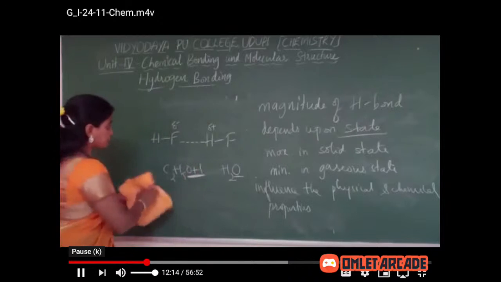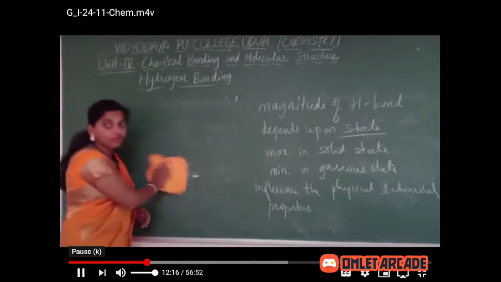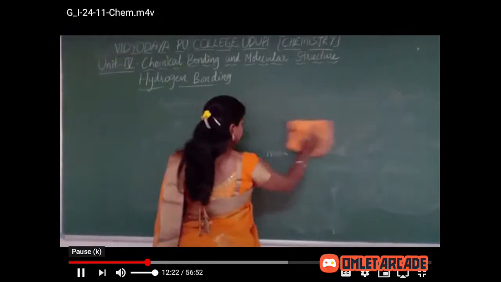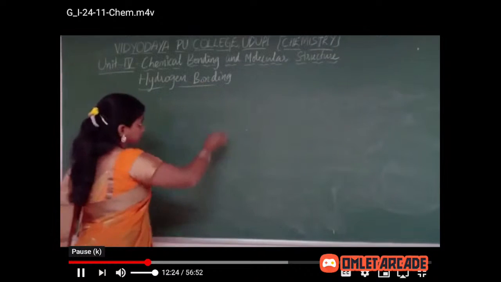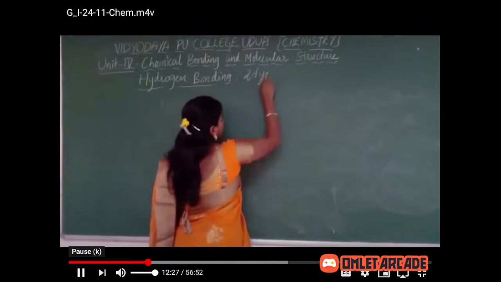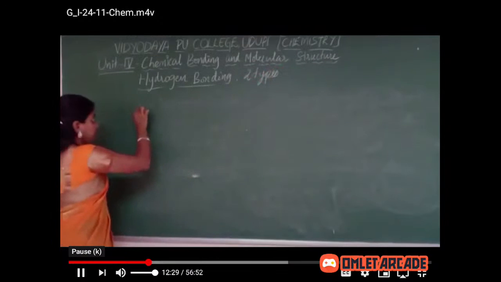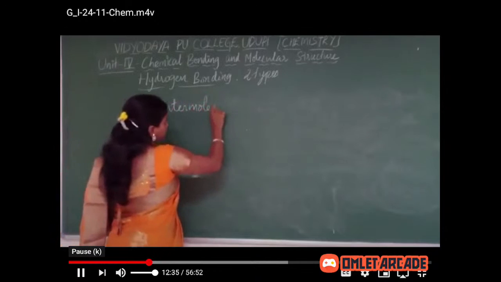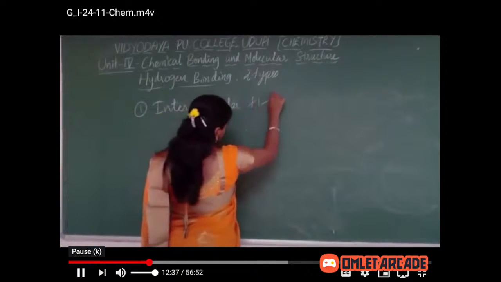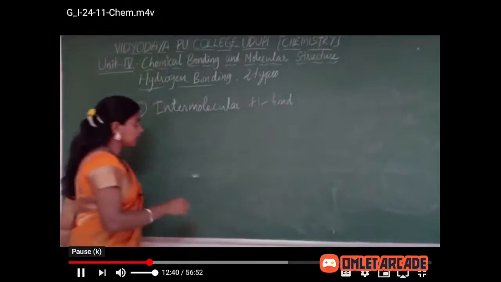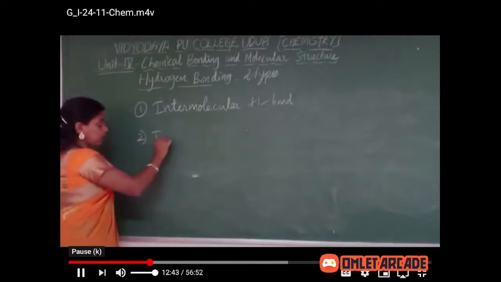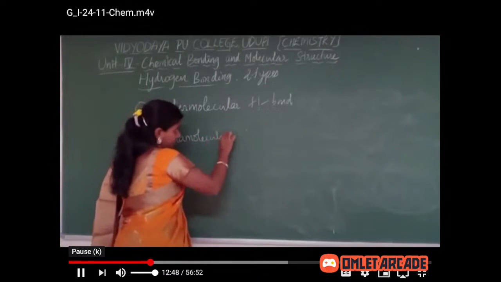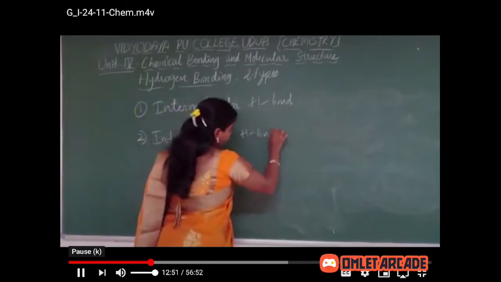Next is types of the hydrogen bond. There are two types of hydrogen bond. One is intermolecular hydrogen bond. And the second one is intramolecular hydrogen bond.